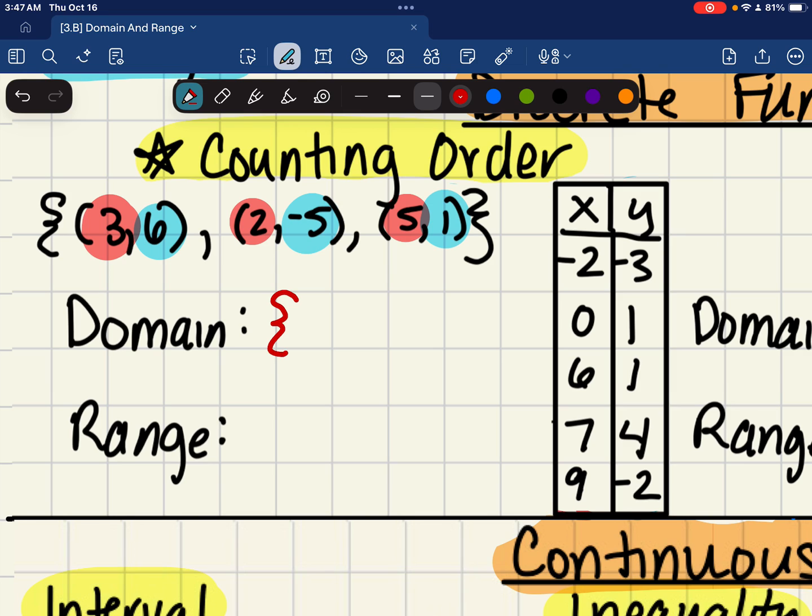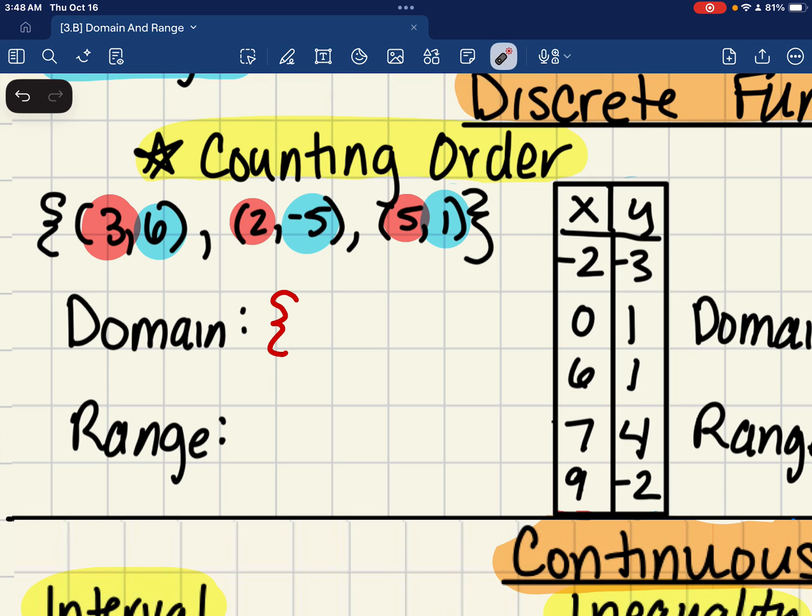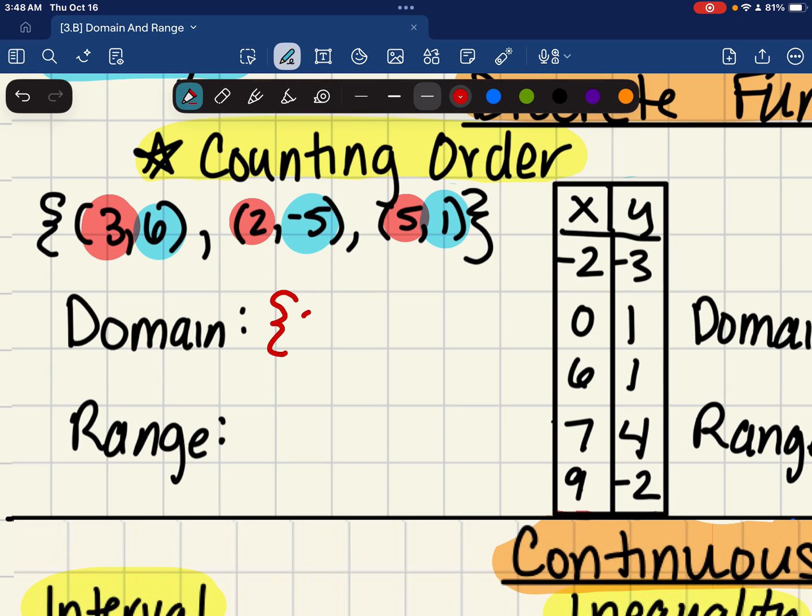We're describing what's called a set. Now I have to do it in counting order. That means from least to greatest. Out of my red numbers, the smallest red number is 2, the next smallest is 3, and the next smallest is 5.